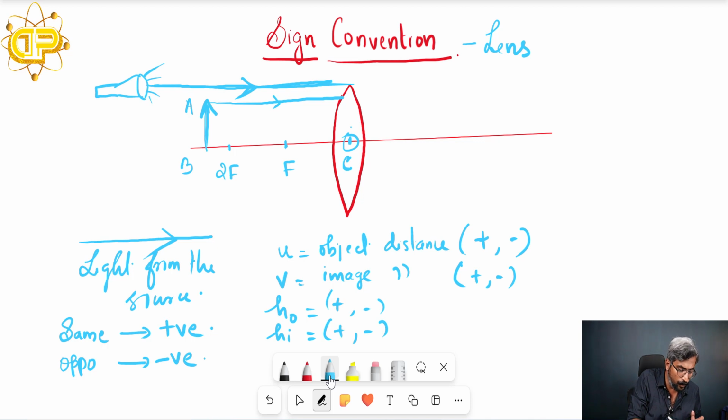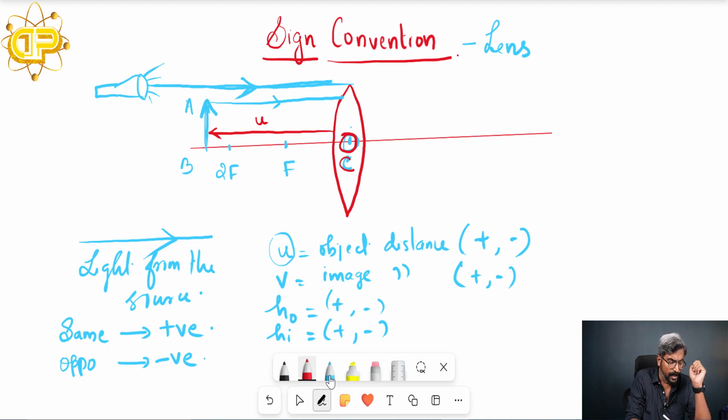If I want to find out the u, then I will calculate the distance from this particular optical center C to that particular object, and this is calculated as the object distance and denoted by the small letter u. If I'm closely watching, I can see that this object distance is calculated from the optical center to this particular object, which is opposite to the direction of the incident light, or opposite to the light falling from the source.